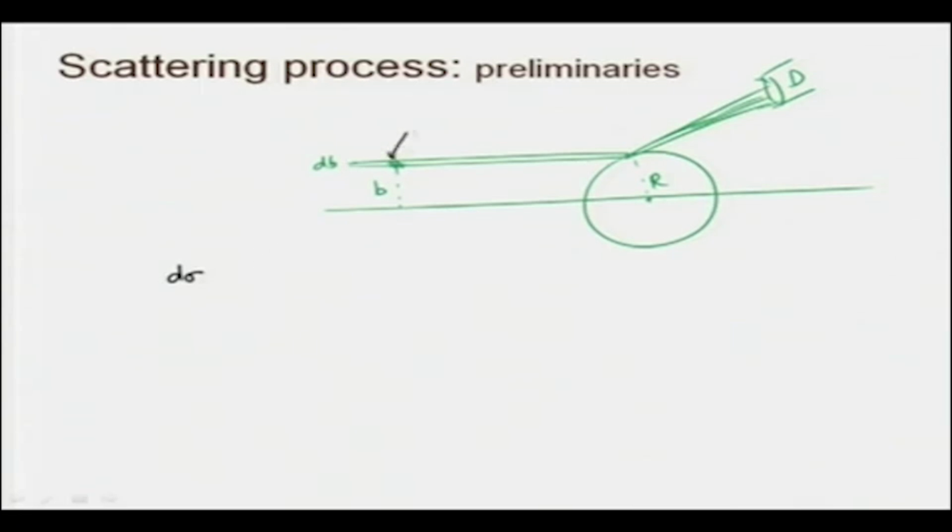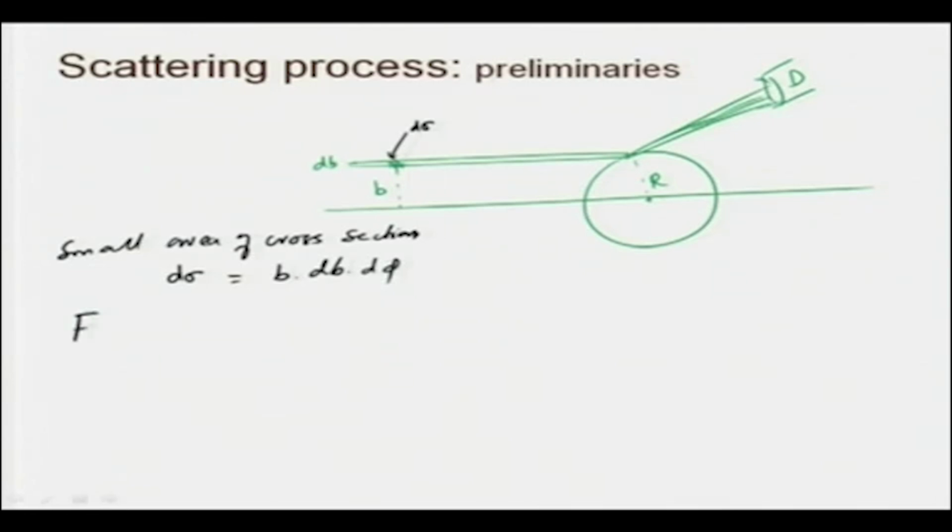So, d sigma is some small area of cross section, which means it is perpendicular to the direction of the motion, which in this particular case geometrically is equal to B dB d phi, where phi is the azimuthal angle. I do not want to complicate the diagram by drawing this, but I hope you understand what the azimuthal angle is. It is the angle as you go around the beam.